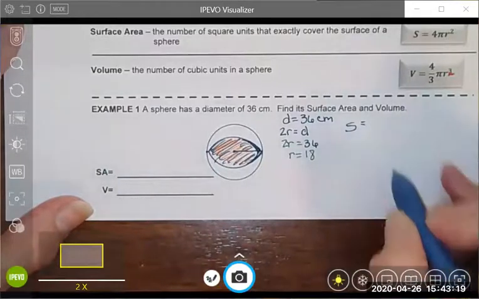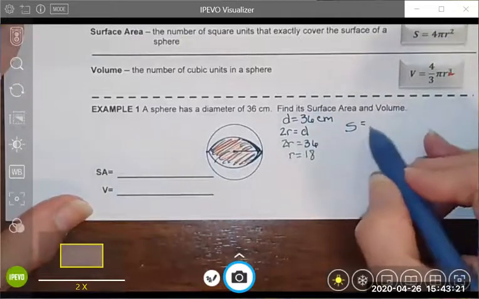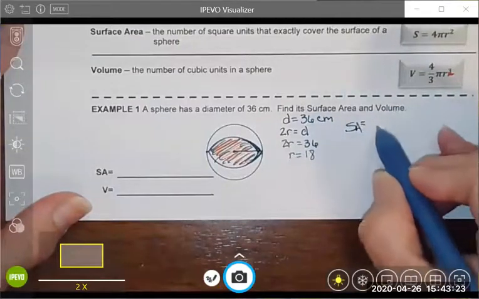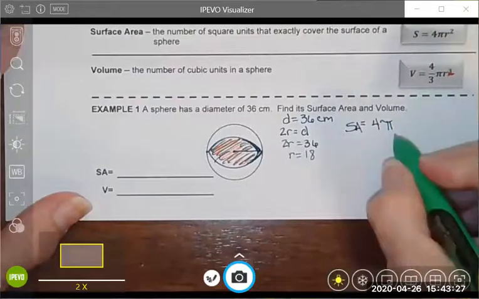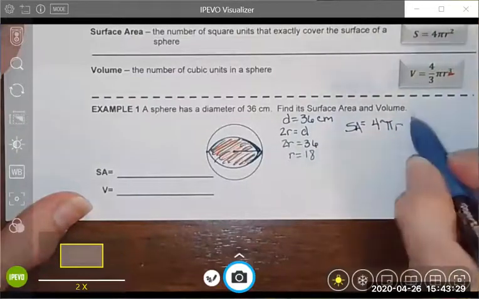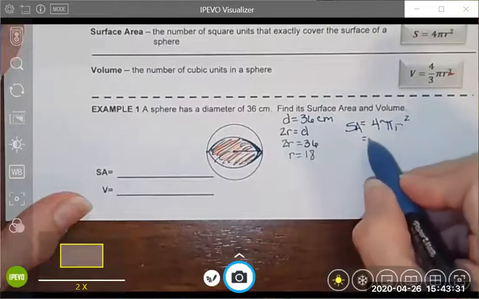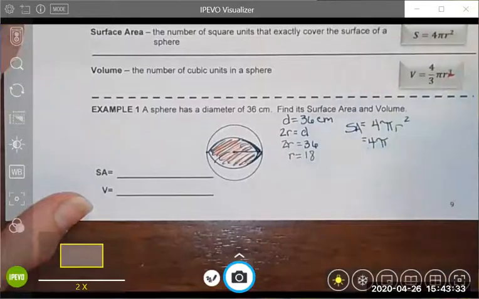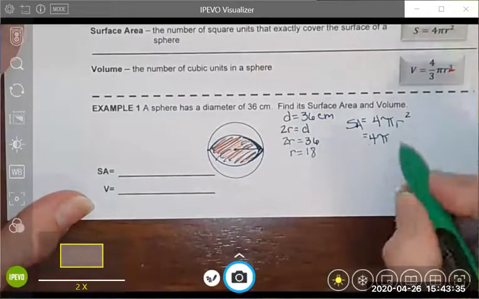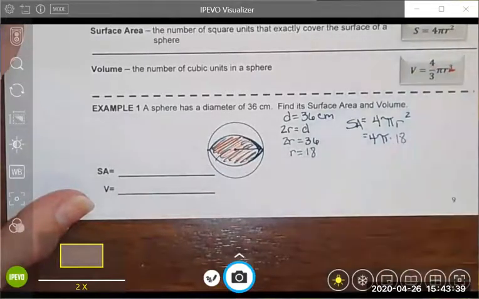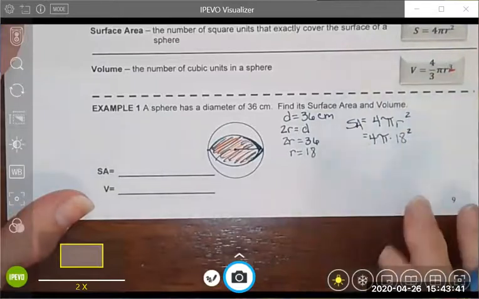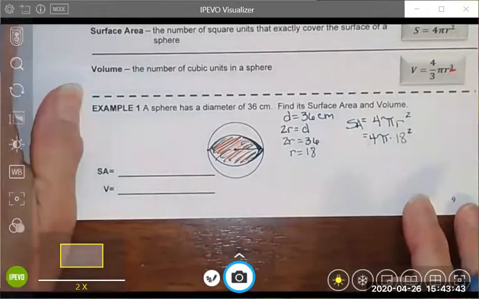So the surface area of my sphere, I'm going to go ahead and write the formula, is 4 pi times my radius squared. And this is nice and friendly. It only requires me to substitute in one numeric value from my problem, which is 18. And then I'm going to square that. What you'll find is with spheres, sometimes the numbers are rather large.